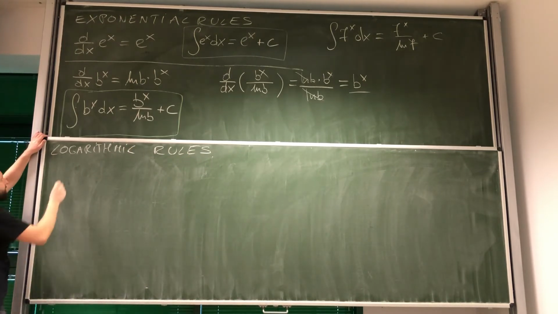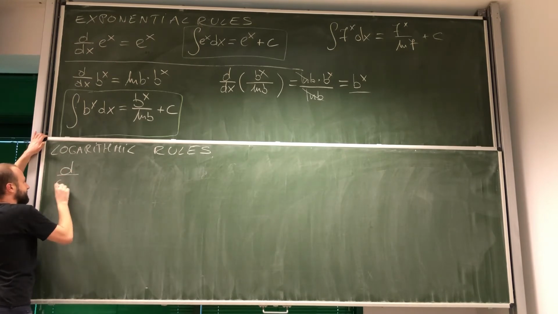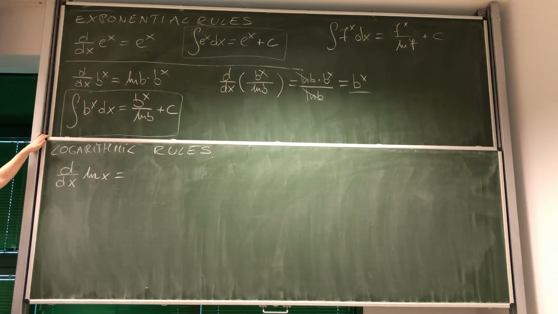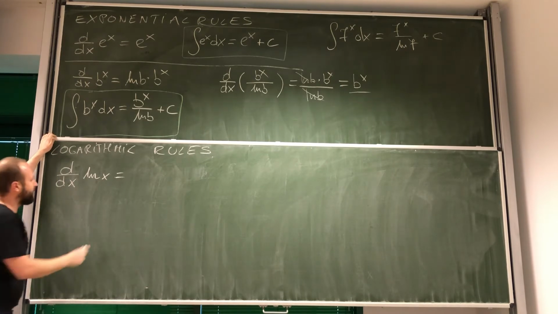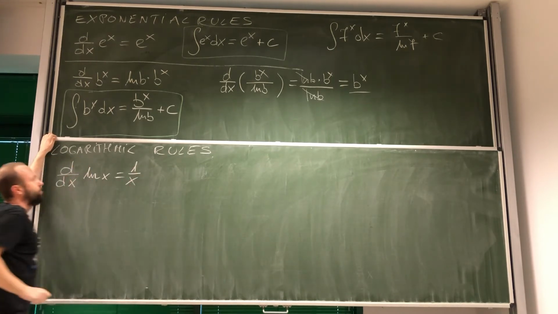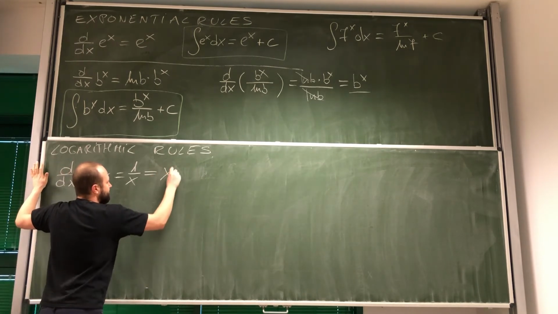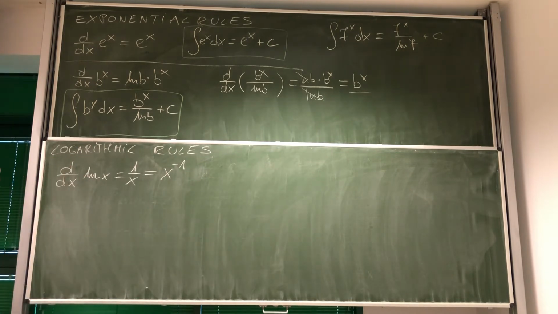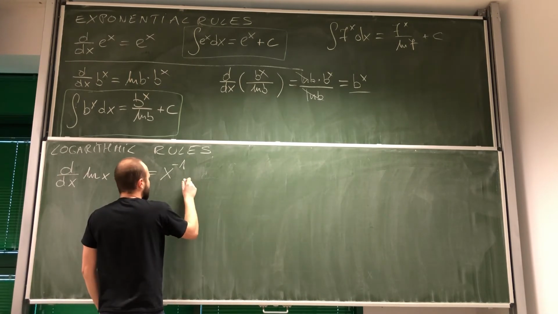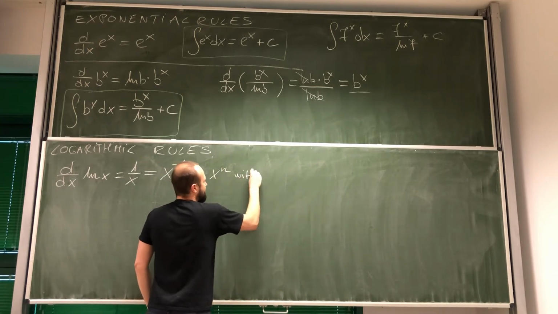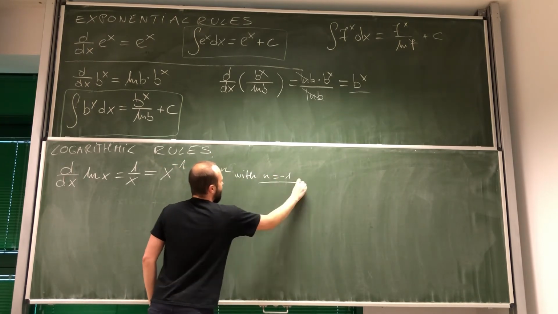Okay, again, let's start with differentiating the natural logarithm of x. And look, when we were differentiating the natural logarithm of x, we got that this is 1 over x. But 1 over x is the same as x to the power negative 1. So most definitely, we see that this is a case of the power function with n equal to negative 1.